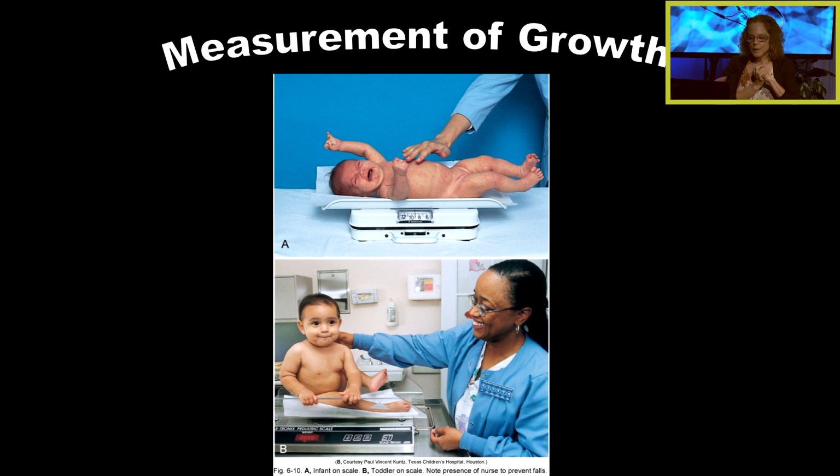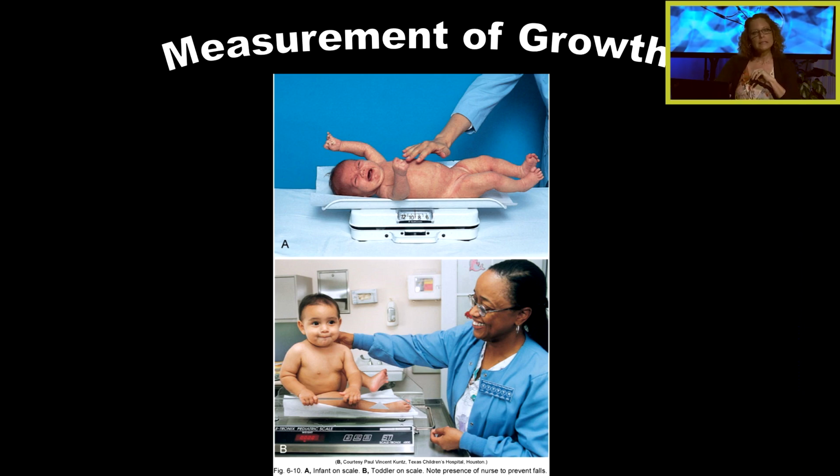So in terms of measurement of growth, here we can see the baby on what we call a recumbent scale where they're laying down. We're measuring their weight. I want you to notice something about this picture here. The nurse never takes her hand away from that infant. So anytime you're handling an infant in a clinical setting, you always want to make sure that you have one hand on them.